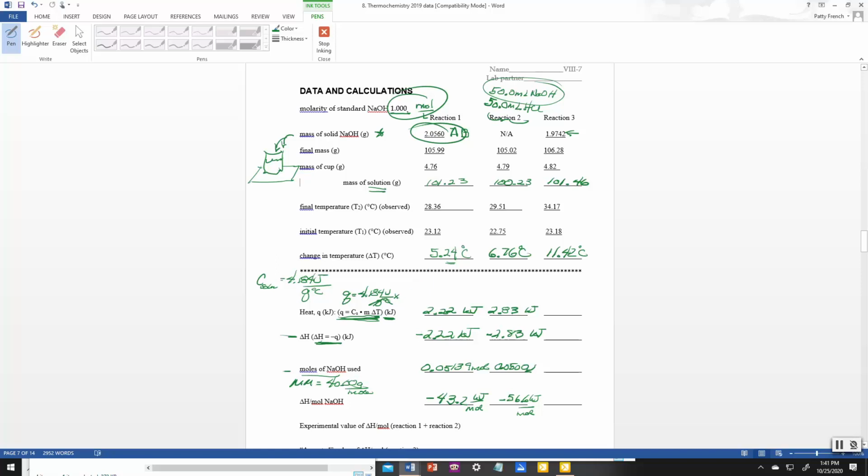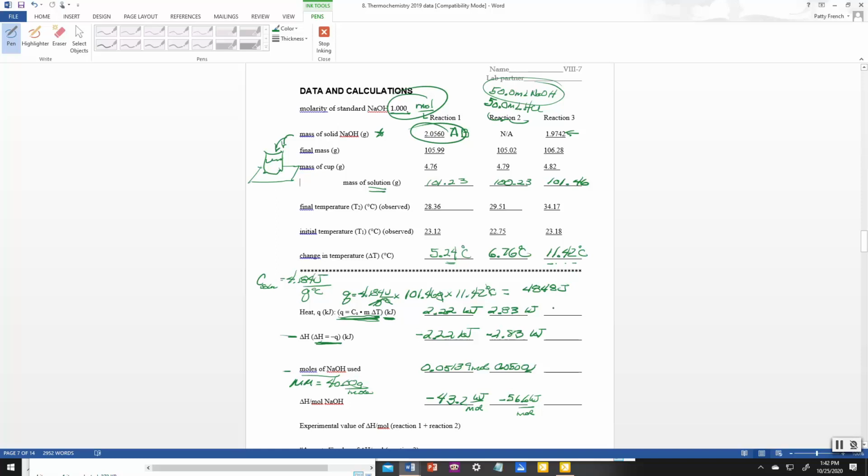So again, we're going to be using the equation Q equals mc delta T. There's our C. The mass for this reaction is 101.46 grams, and the temperature change is 11.42 degrees Celsius. Lots of things cancel, and we ended up with 4,848 joules, which I could use because I had 4 sig figs everywhere.